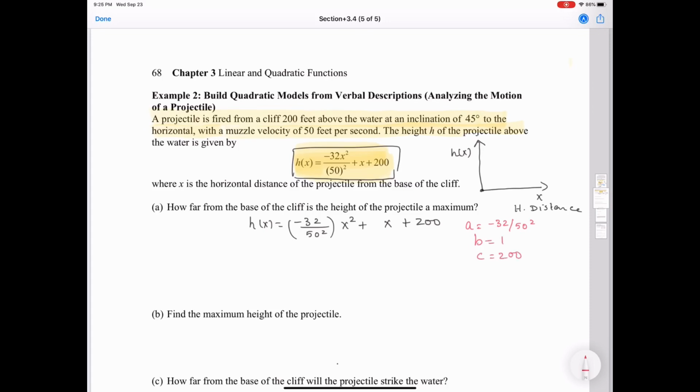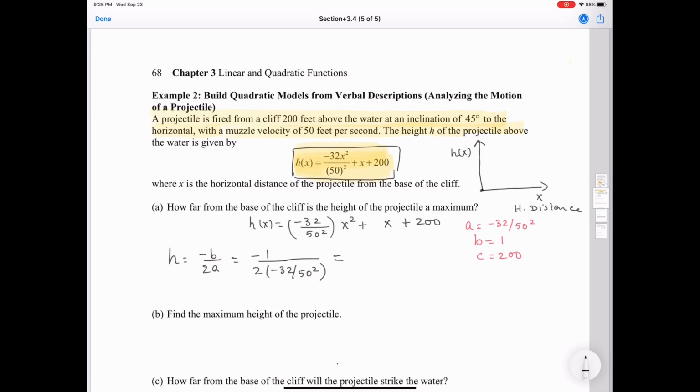To find the x coordinate of the vertex, h equals negative b over 2a, negative 1 over 2 times negative 32 over 50 squared. I think you can simplify this and give me the answer here.